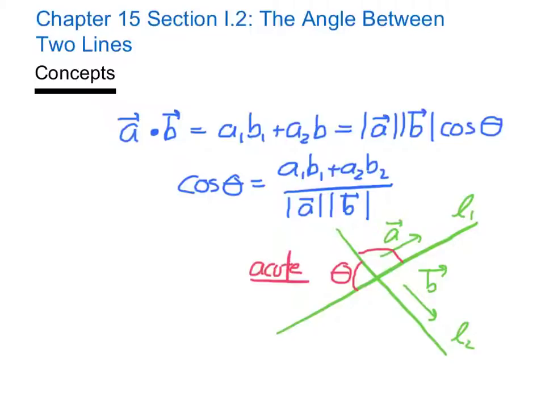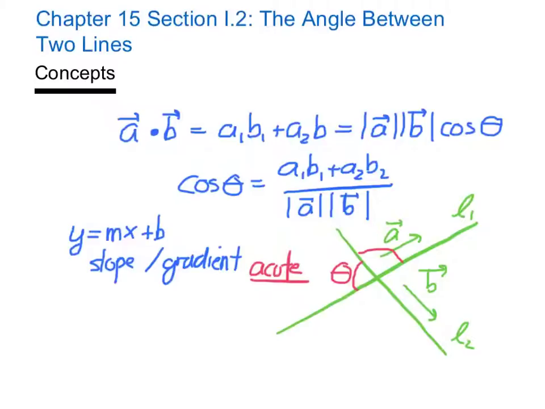Now the direction vectors we have to get from the equations for the lines. So if I have an equation for a line in this form, y equals mx plus b, remember that the m here is the slope of the line, or the gradient as your textbook calls it.